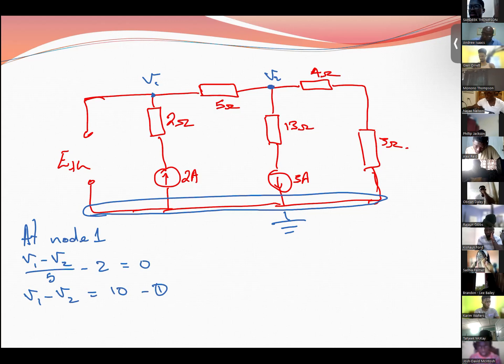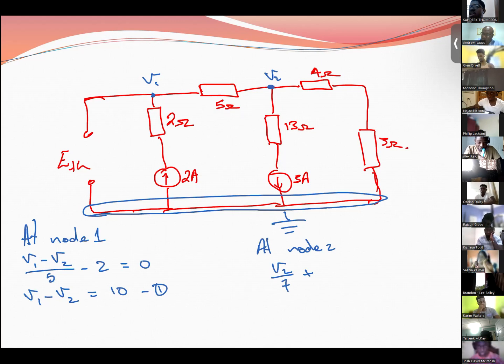All right, let's go to node 2 now. So for node 2, V2 over 7 plus 3 amp equal to 0. How many branches do we have connected to node 2? Sorry? 3.